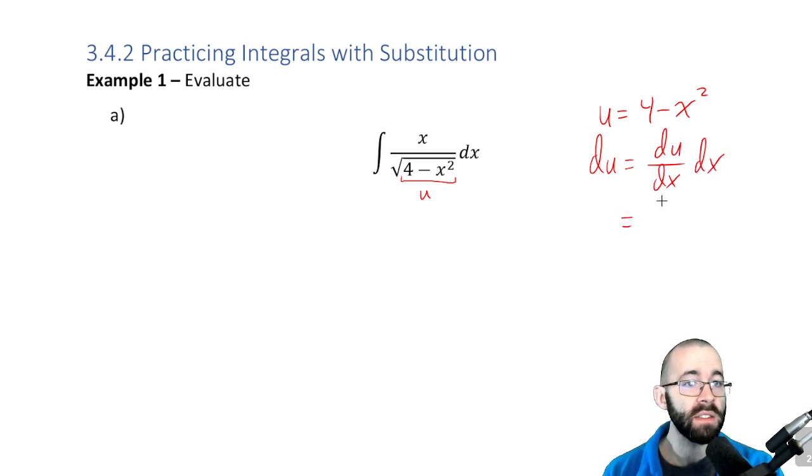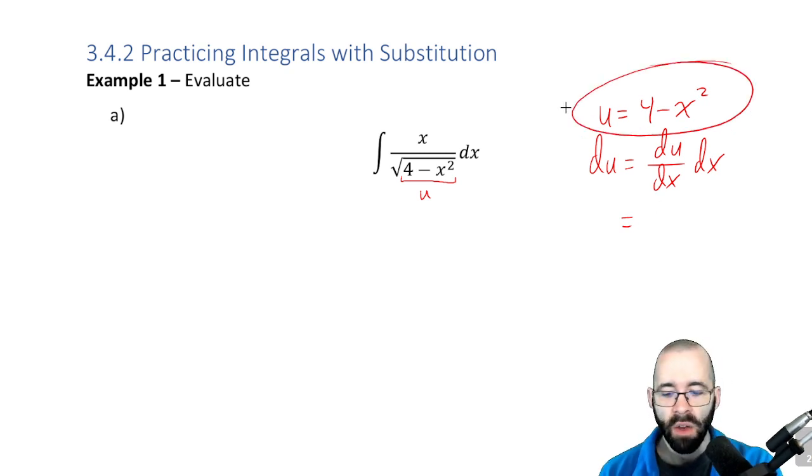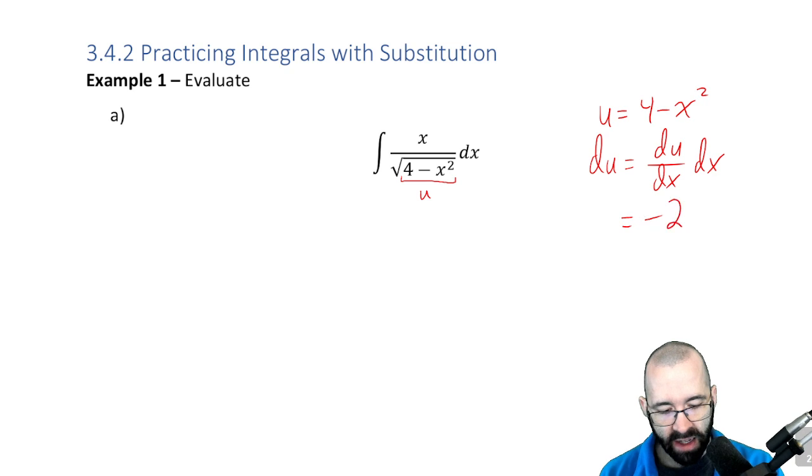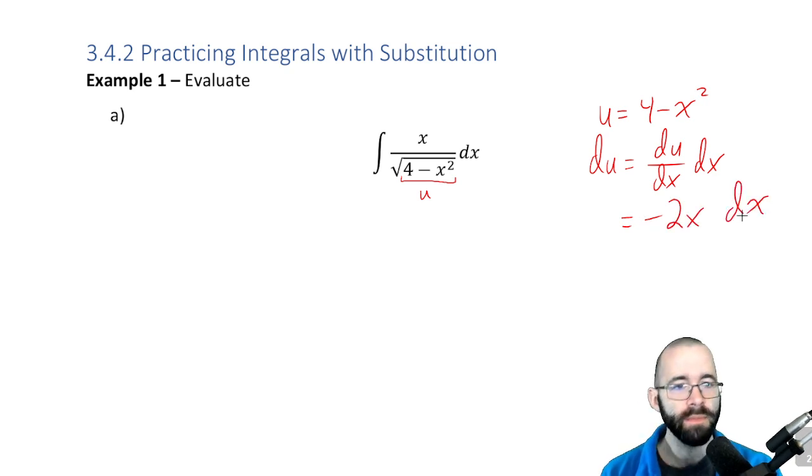What is du dx? Well, we know exactly what du dx is. The derivative of u with respect to x is negative 2x. And again, we're going to follow this step-by-step process, which is a little different than that sneaky example I gave you, but there are a couple ways of doing substitution.